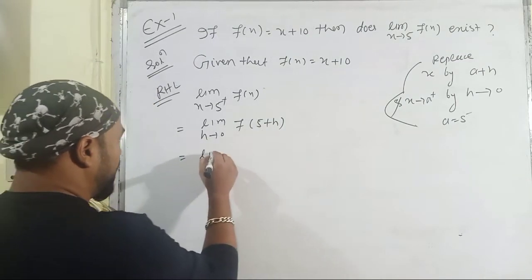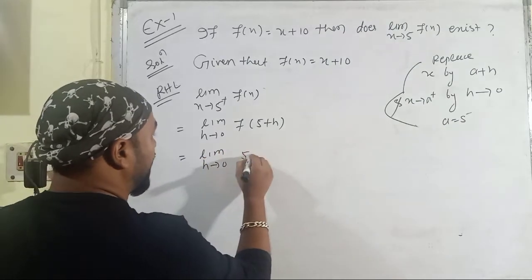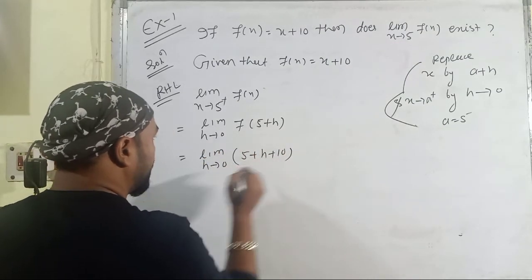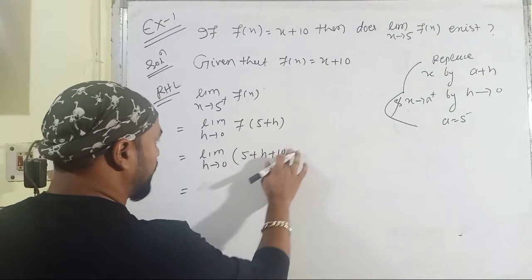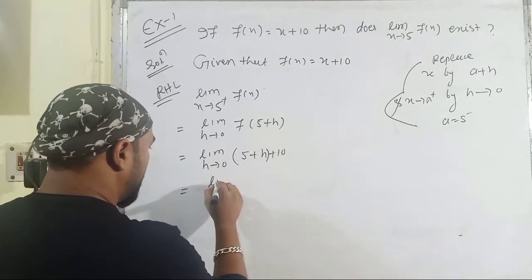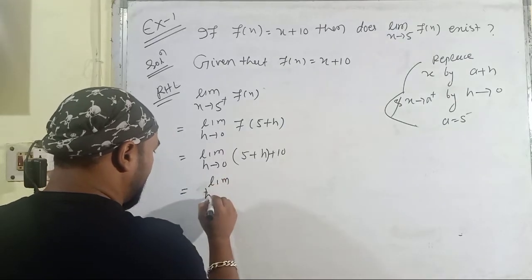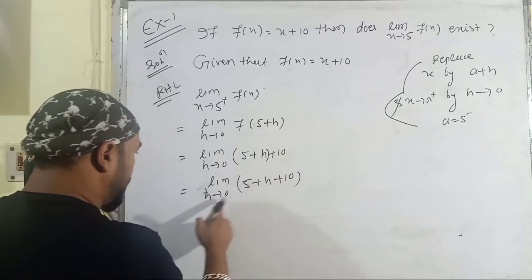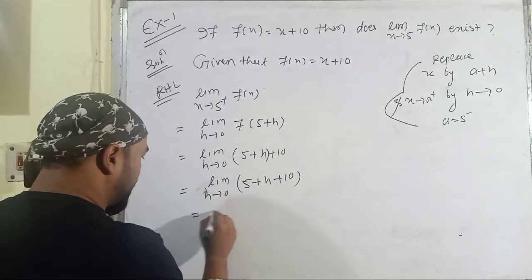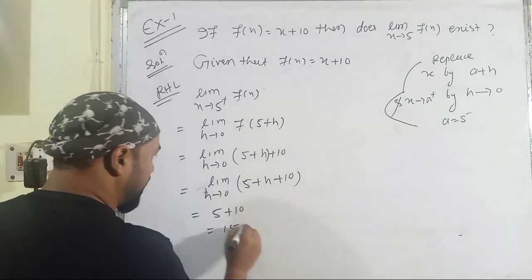So it is limit h tends to 0, 5 plus h plus 10. By putting the value of h here, we are getting 5 plus 10, that is equal to 15.